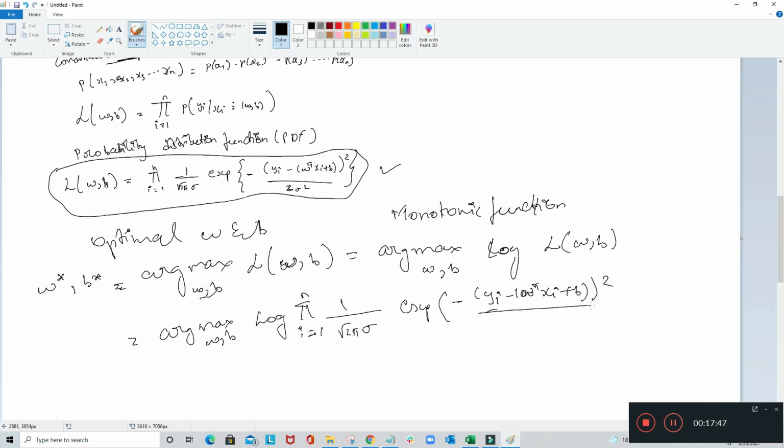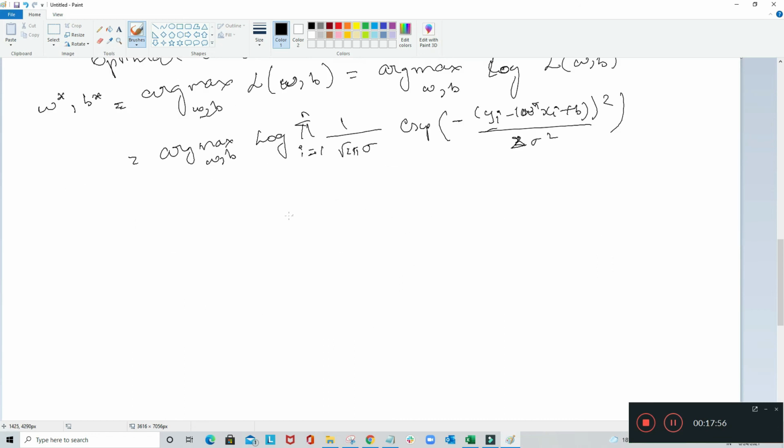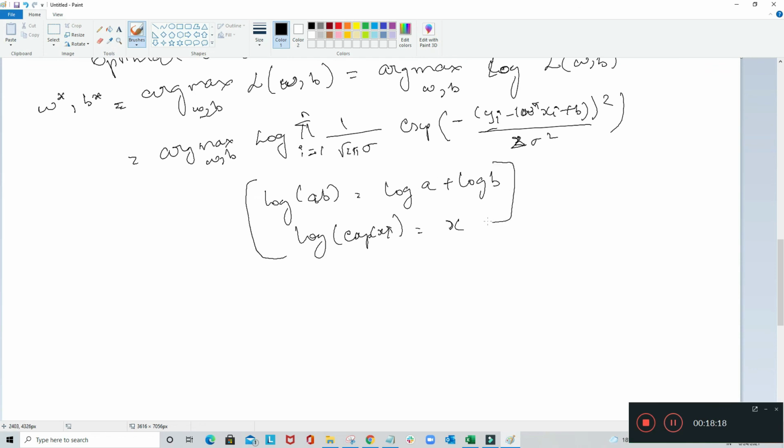We know the properties of log, right? Like log of a into b can be written as log a plus log b, and log of exp of x is x. So using these two properties for the above equation, we can finally split this whole part.